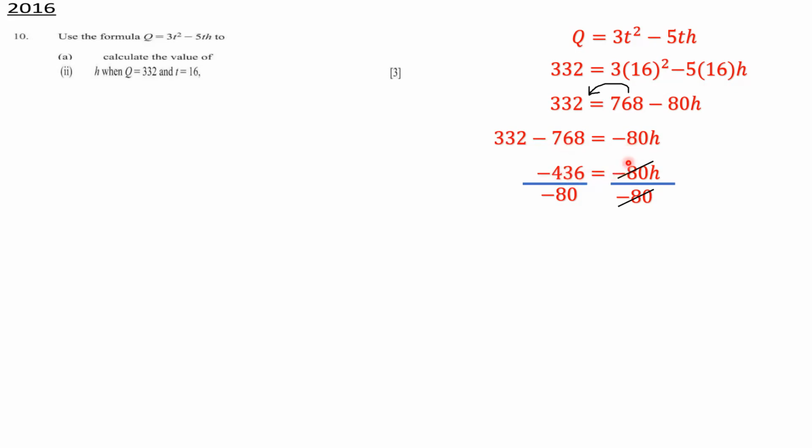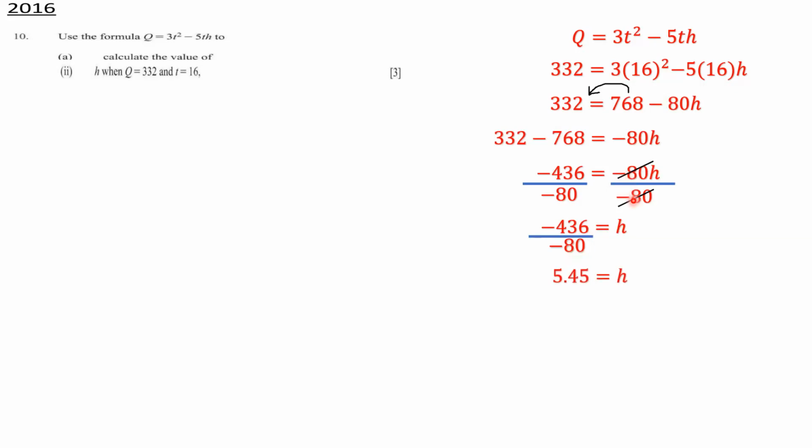We divide both sides by negative 80 so as to isolate the h on the left-hand side. And so we have negative 436 divided by 80. And what is that? So h is equal to negative 436 divided by negative 80.